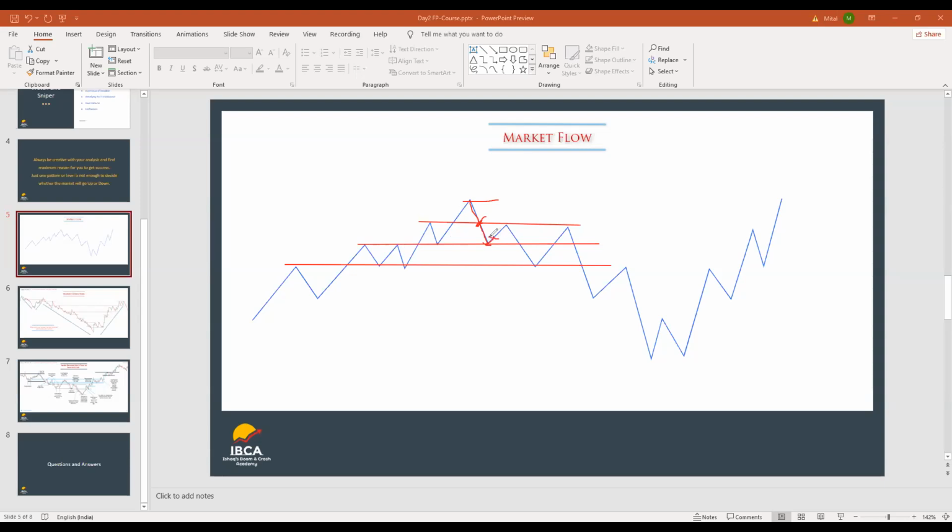Will you buy here? It's too close. Can anyone tell me, will you buy here again? No, it's too close. Too close, right? Yes, there is a very short opportunity to buy here.